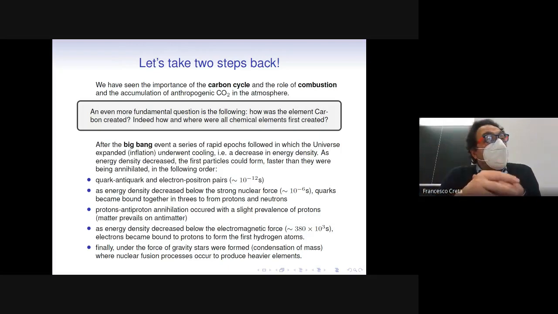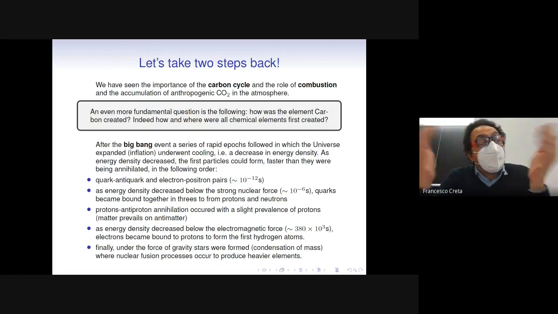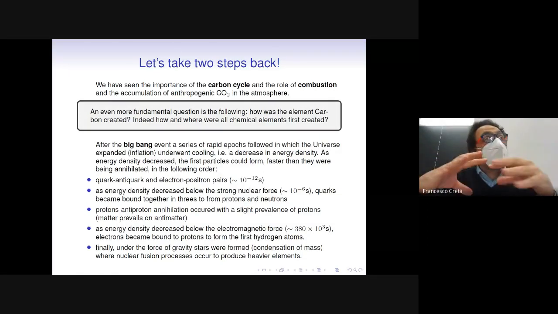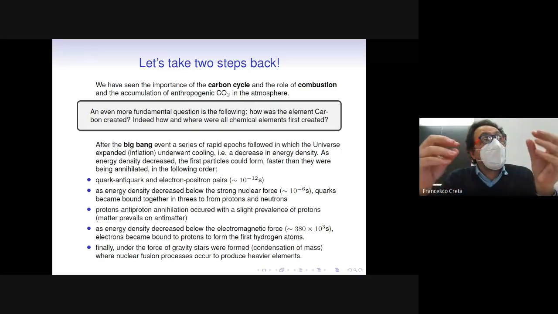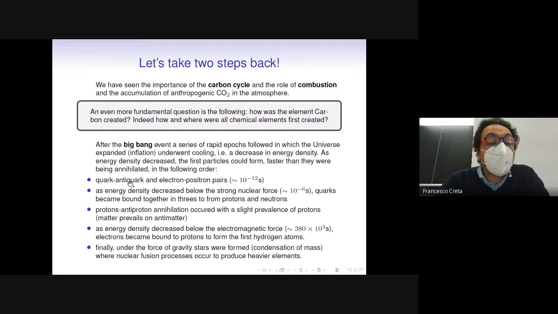Clearly, the force between particles has a certain energy level. So as you cool the universe, you decrease the energy density locally, and so you allow these particles to come together more than being annihilated. So you first have these quark and anti-quark and electron-positron pairs that come together and annihilate very early on.